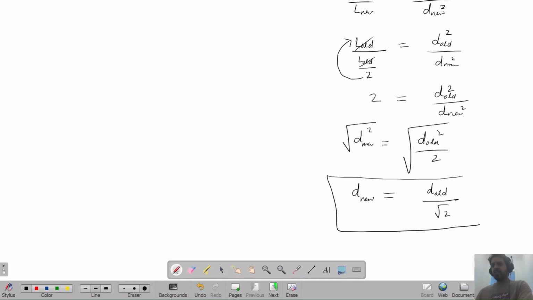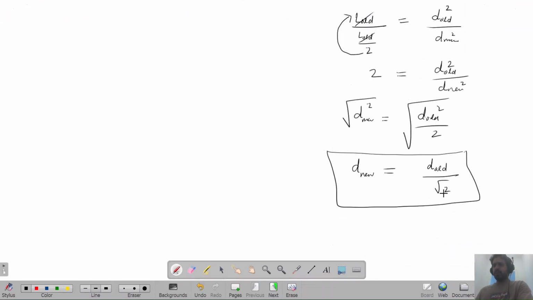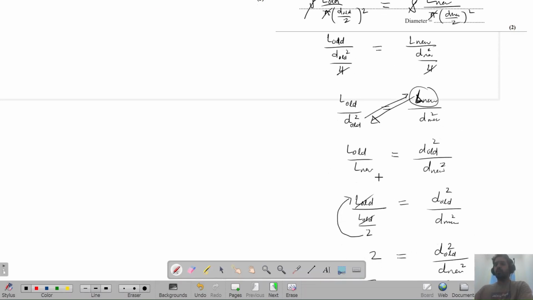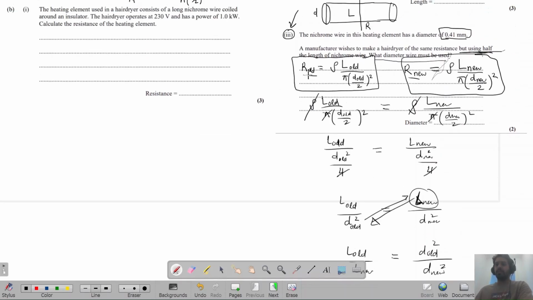So this very simple equation will solve this question because the diameter is given, 0.41 millimeters. You can just divide 0.41 millimeters by square root of 2, and that will give you the new diameter that you have to use if you want to use half the length of the wire, but still get the same resistance, right?